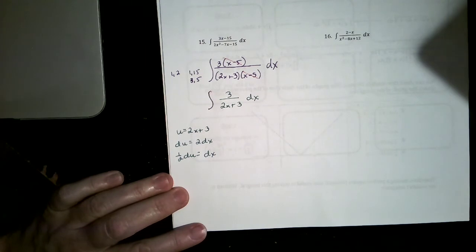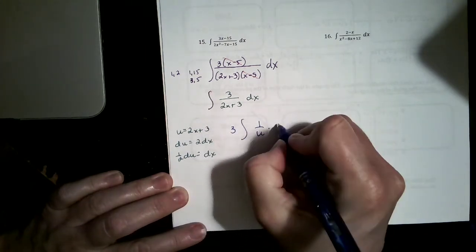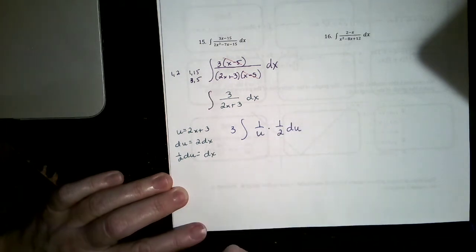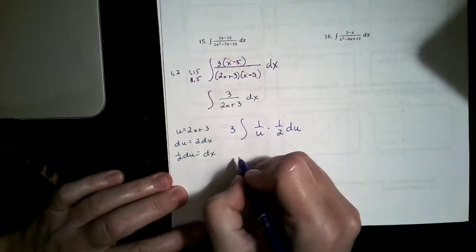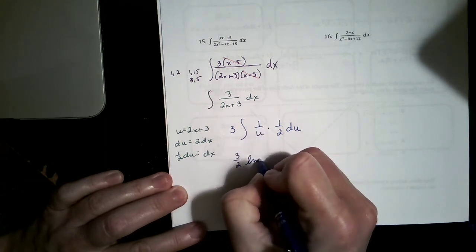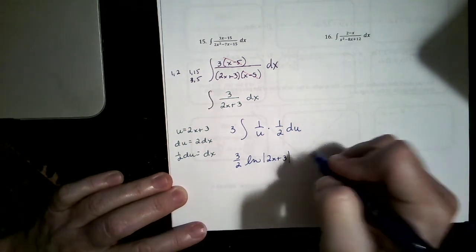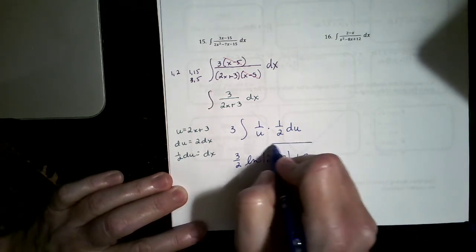So that looks something like this: 3 pulled out, 1 over u times 1/2 du. I'm going to pull the 1/2 out. I get 3/2. The integral of 1 over u is the natural log of 2x plus 3. Don't forget the absolute value, plus c.